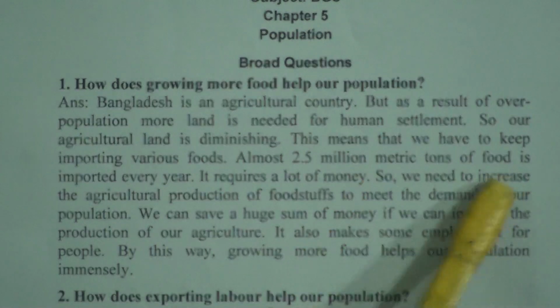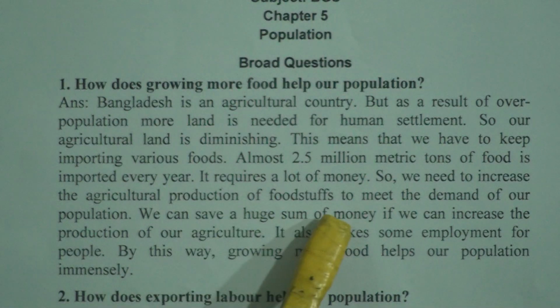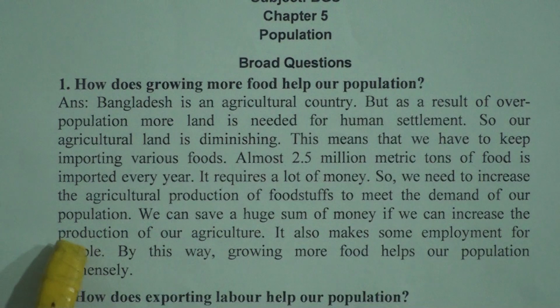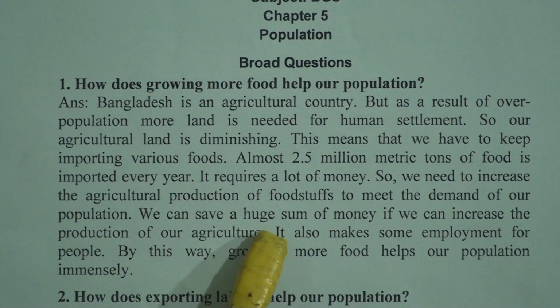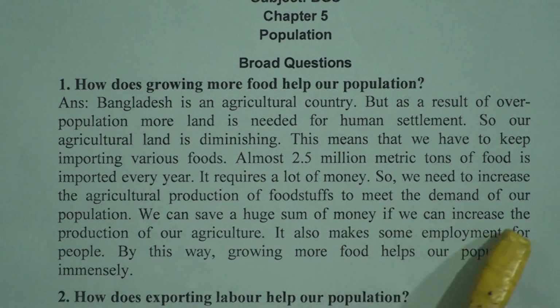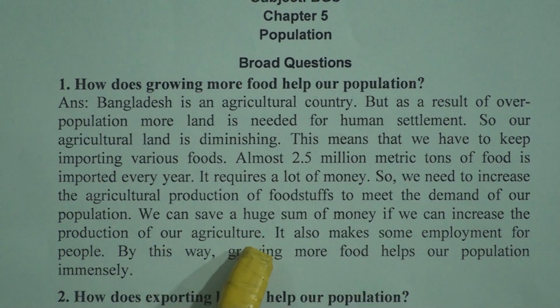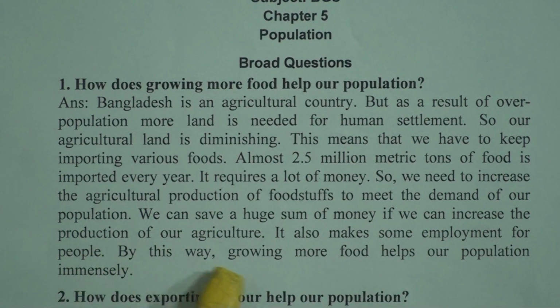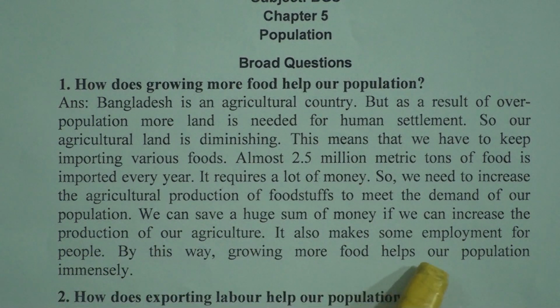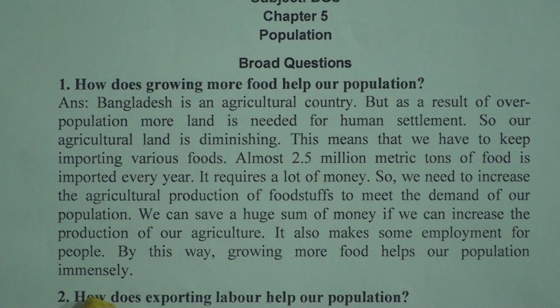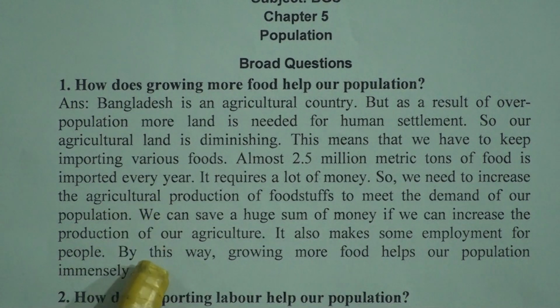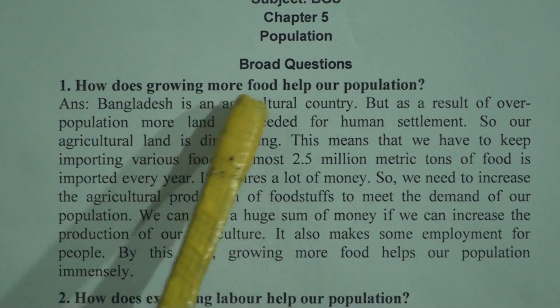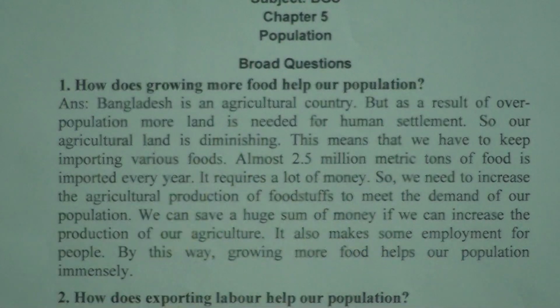We need to increase agricultural production to meet the demand of our population, save money and create employment. By this way, growing more food helps our population immensely. So this is the answer of number 1. How does growing more food help our population?